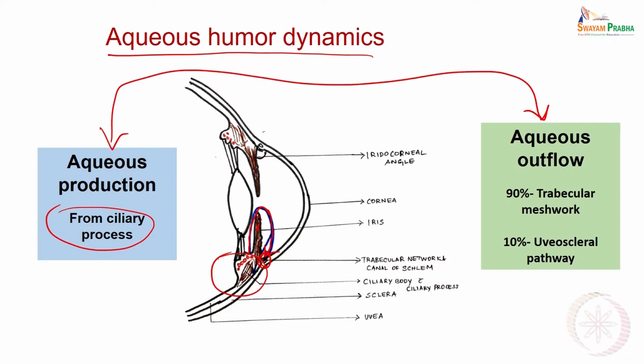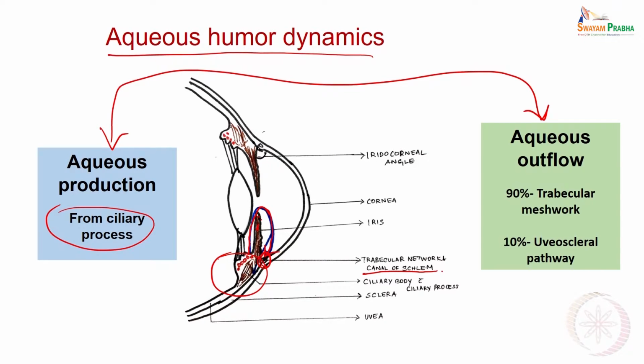Then from the canal of Schlemm, which is an opening, and this is the trabecular network. When the trabecular network dilates, this is the opening of the canal of Schlemm.